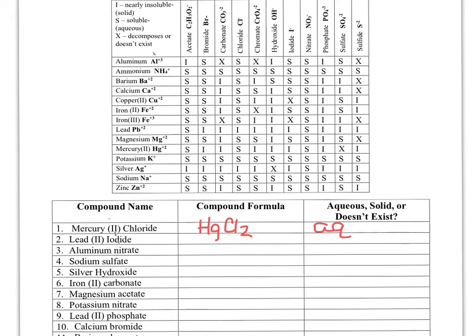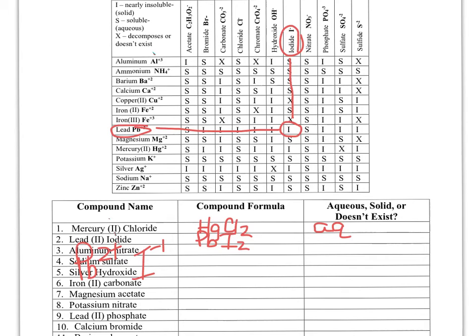Let's look at lead 2 iodide. Lead is Pb2 plus, and iodide is I -1. So when you bring that together, that one would be PbI2. Okay, so now we have the compound formula, but now let's look at lead and let's look at iodide and see on the chart where these guys meet.